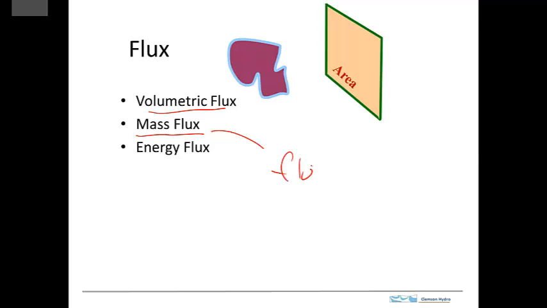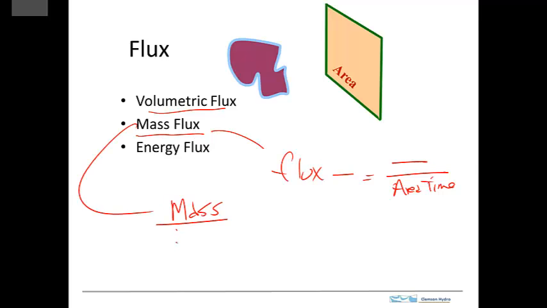The flux of blank will be equal to blank per unit area per unit time. So a mass flux is a mass per area per time. So if we were interested in a mass flux of contaminants, it would be the mass of contaminants here that is moving through this area in a unit of time.